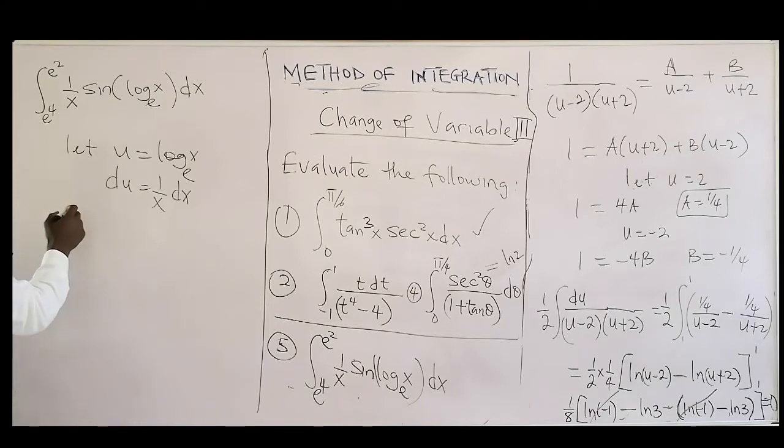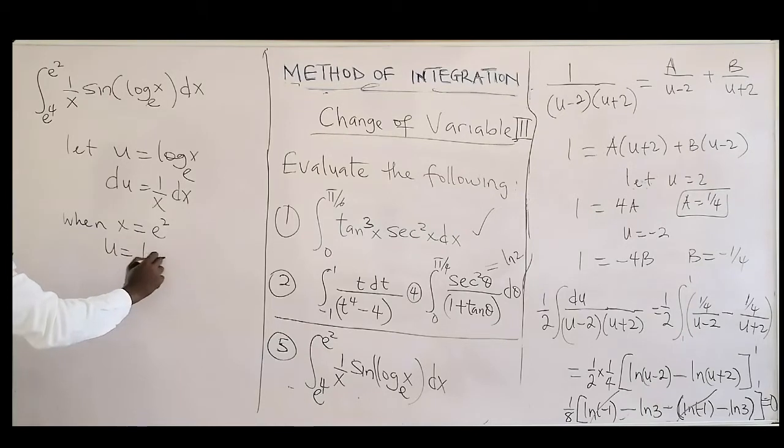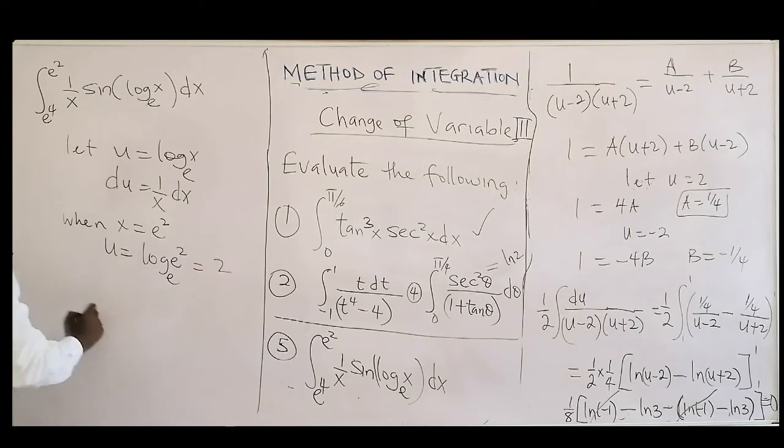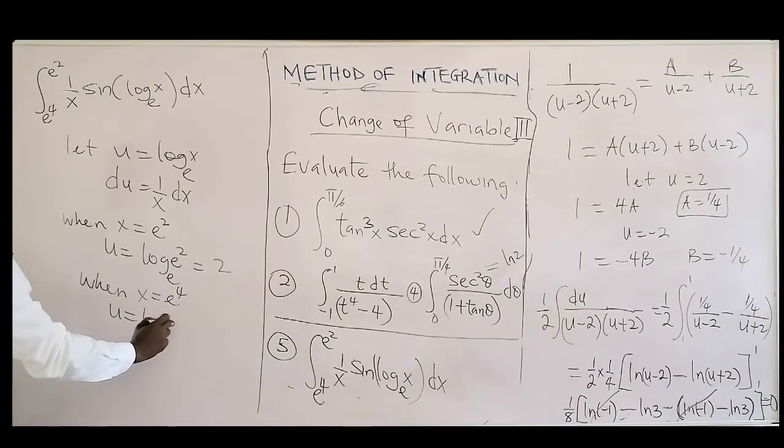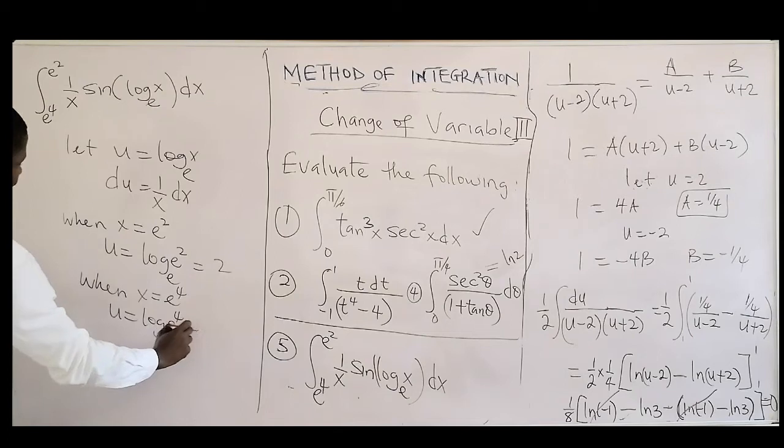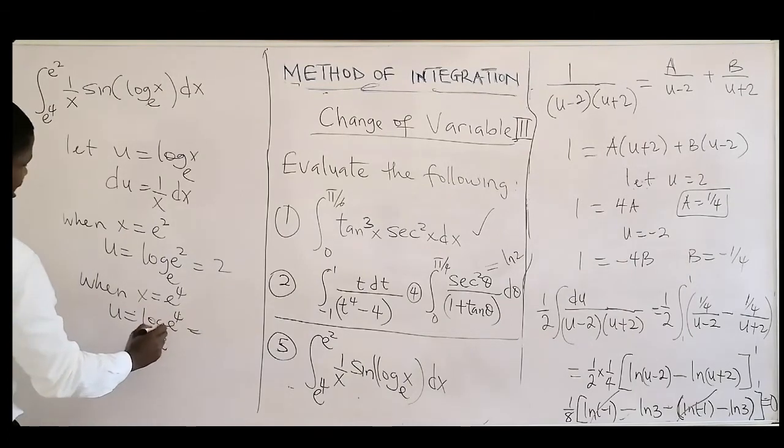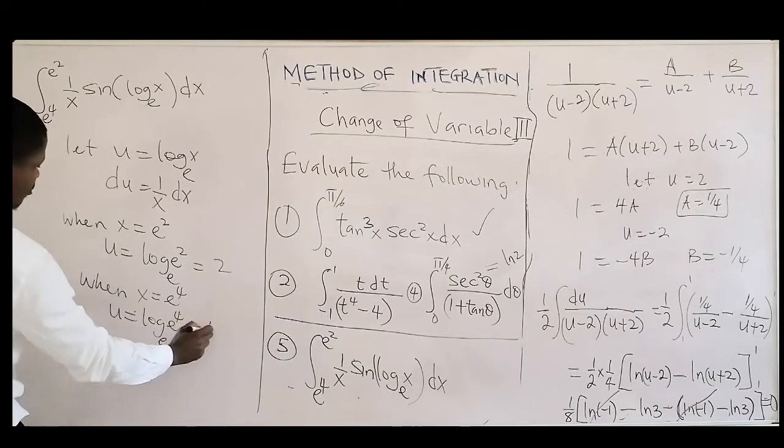So this will now become, we're going to substitute for this. Next thing we do now, when x is e squared, then u will be equal to what? Log e squared is 2. When x is equal to e to the power 4, u will be equal to log e to the power 4 base e, and this 4 will come to the front, and log e to base e is 1, so this is 4.